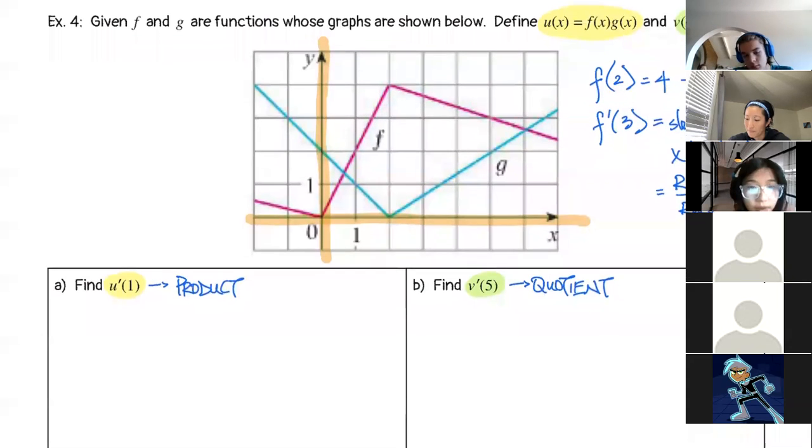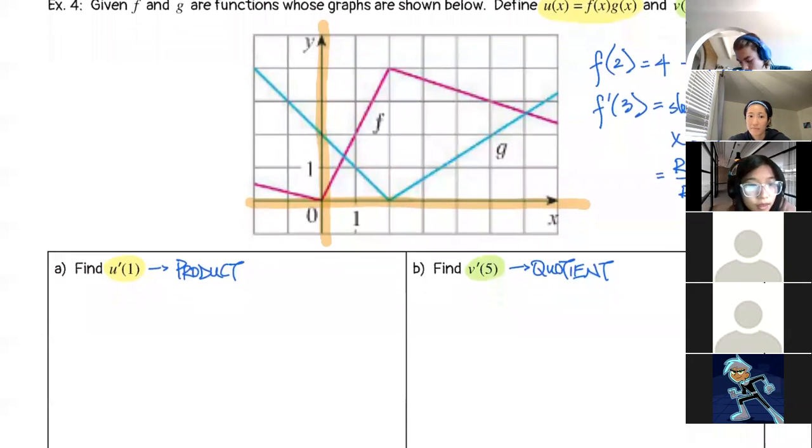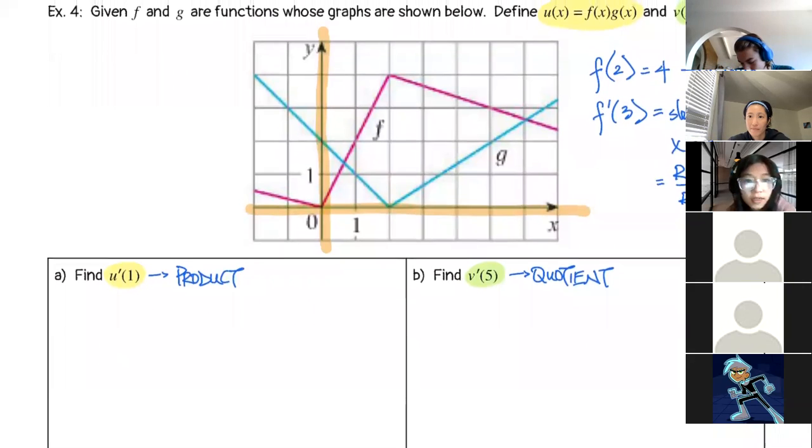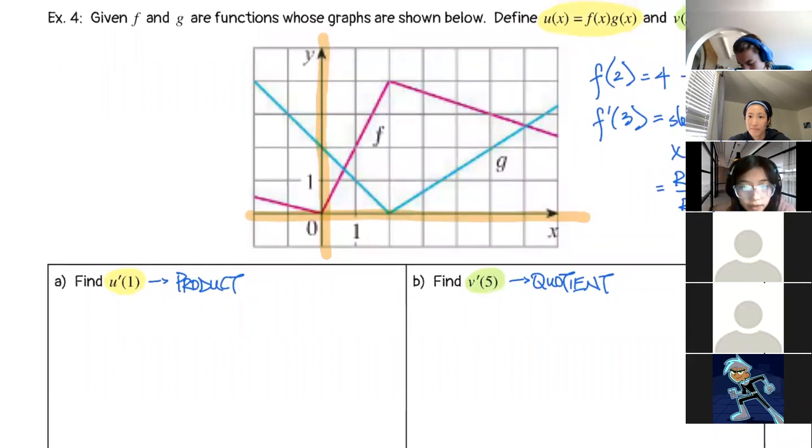I think for this one at first we found where f of 1 and g of 1 are, and then same with f of 5 and g of 5, and then we also looked at the slope for it. All right, let's find our setup then. Okay, I think we could set this one up.